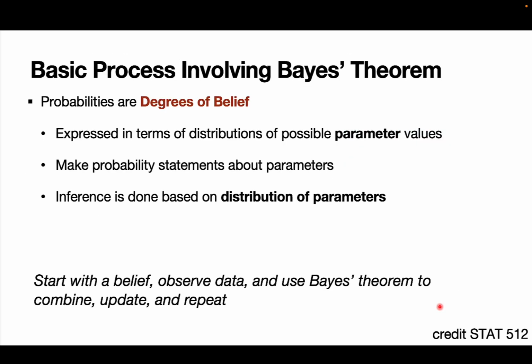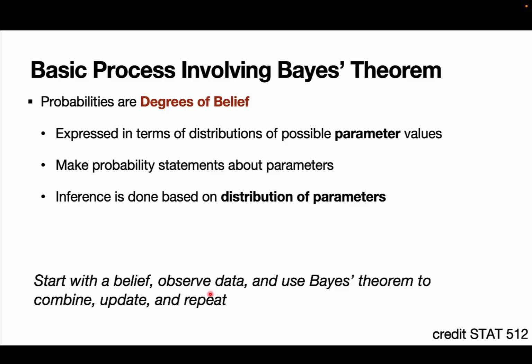In Bayesian thinking, probabilities represent degrees of belief expressed as distributions of possible parameter values. The process follows three key steps. We start with an initial belief called the prior probability.